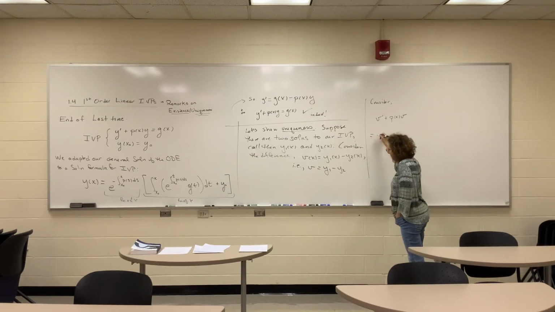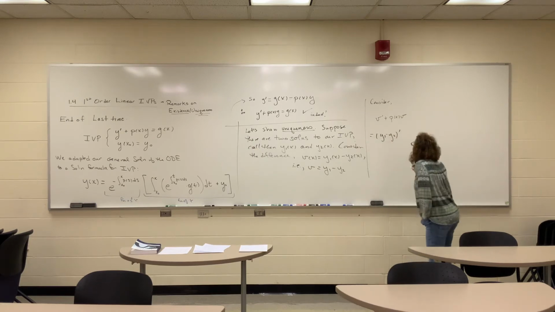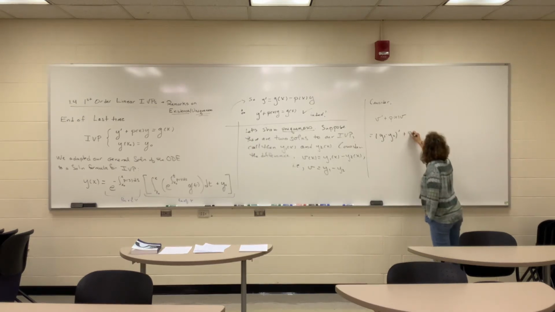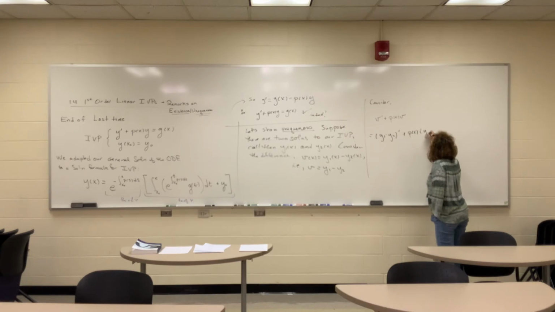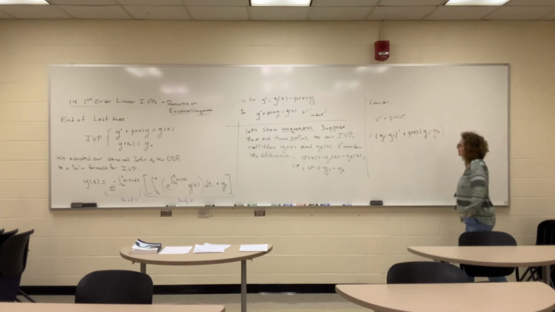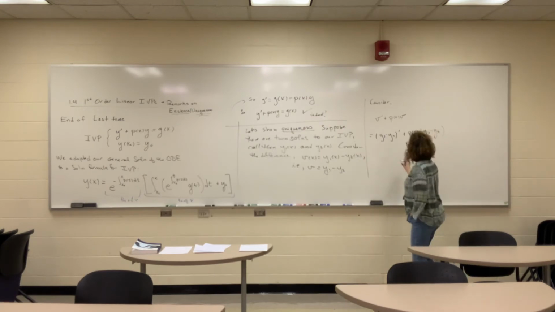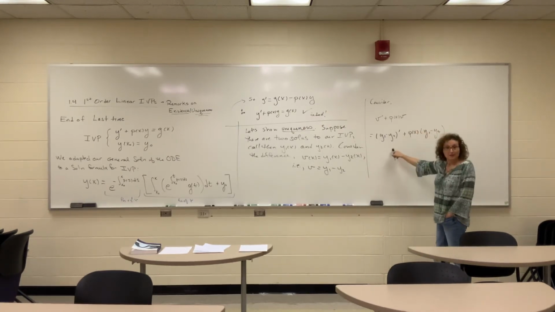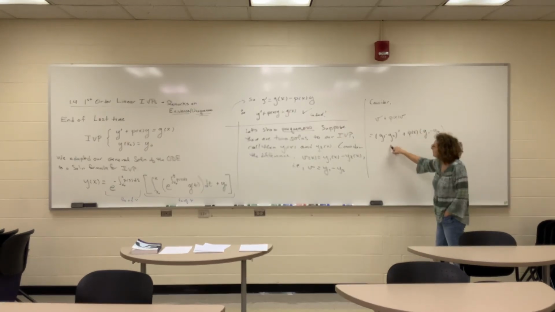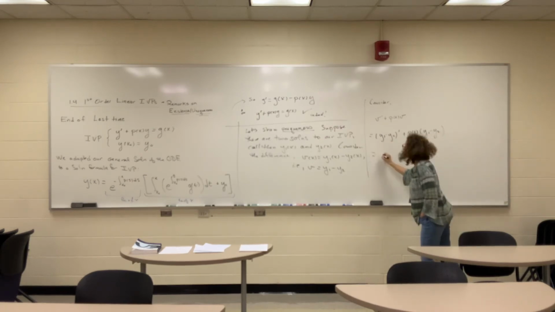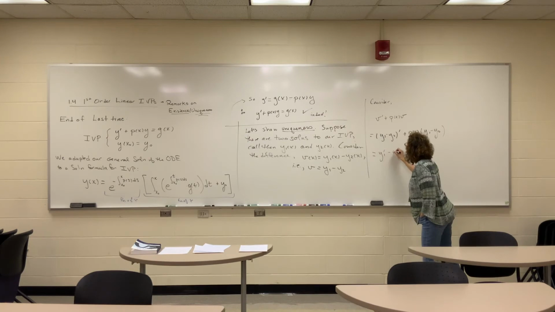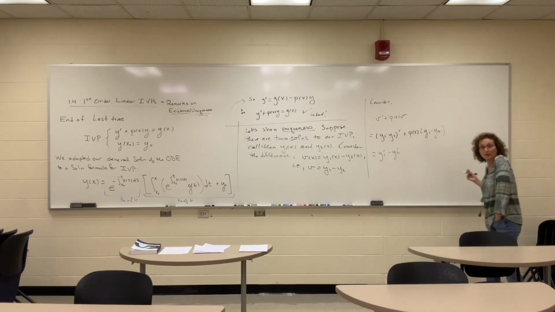Okay, well, what is v? V is y1 minus y2. I'm just plugging in, not doing anything, plus p of x times y1 minus y2. I'm just dropping the of x because it's shorter. Okay, well, this is the difference law, lots of calculus laws for derivatives. So the derivative of a difference is the difference of the derivatives, provided those derivatives exist.